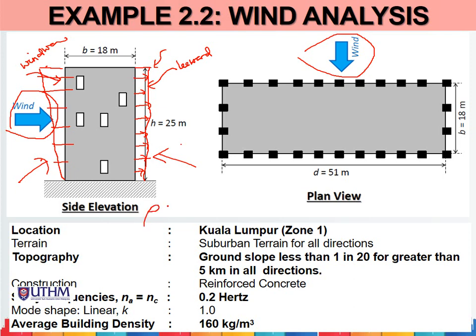The equation for the wind pressure is equal to 0.163 multiplied by V_des, the design wind speed, to the power of 2, multiplied by this factor, multiplied by the dynamic factor, multiplied by the aerodynamic shape factor, and multiplied by the dynamic response. The unit is in Pascal.